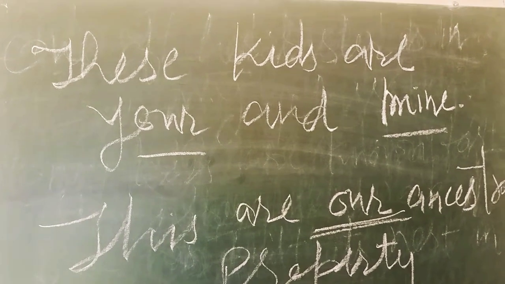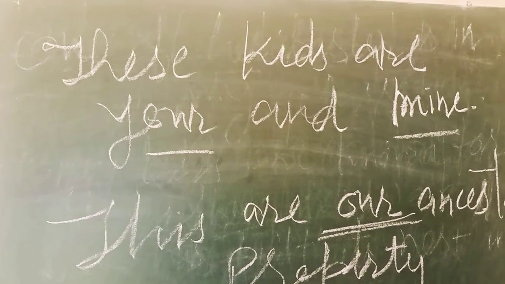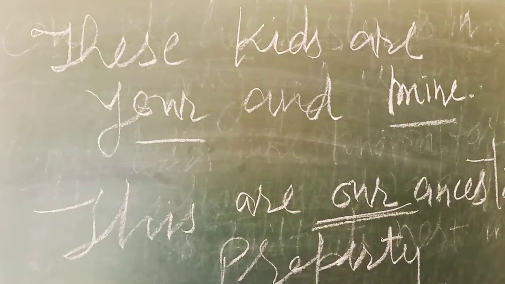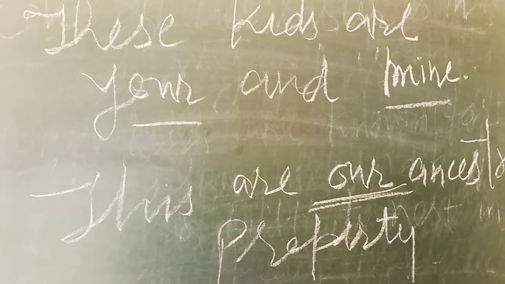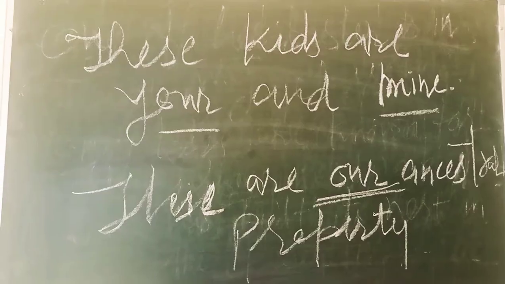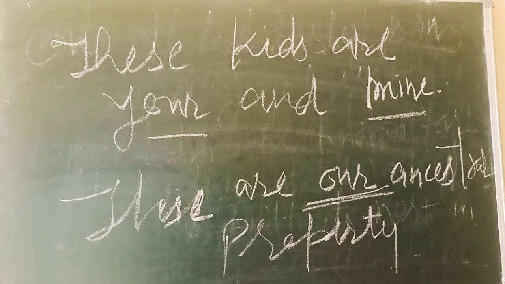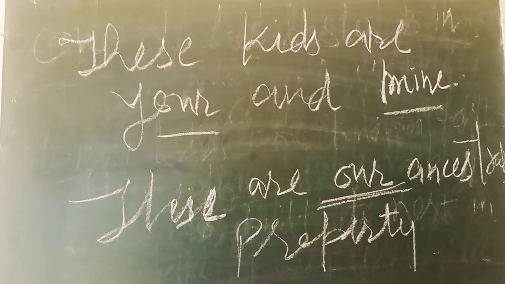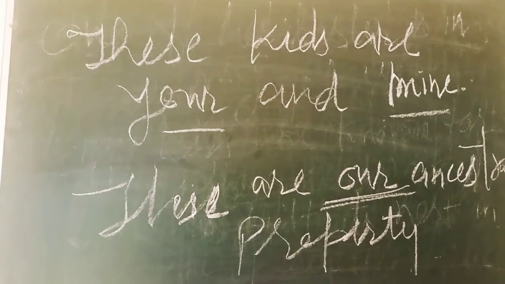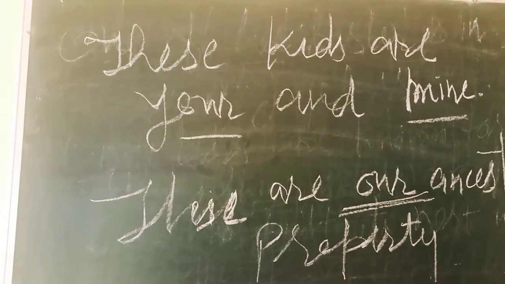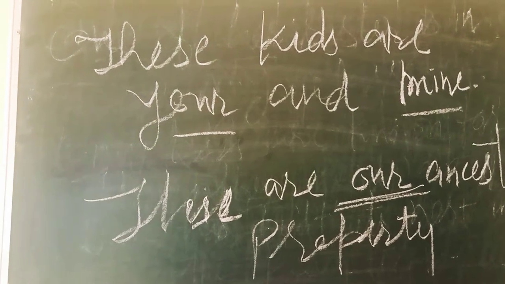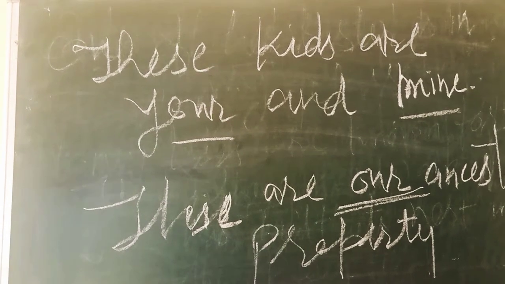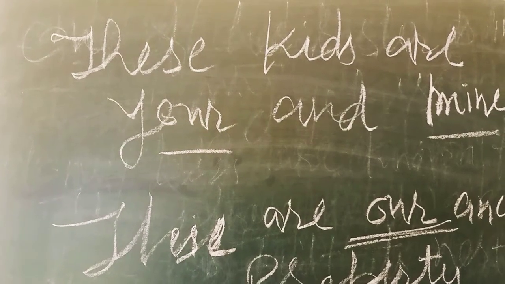Here, यहाँ पे देखिए दो possessive use किए हैं, आपके और मेरे है. These are our ancestral property. ये हमारी पुश्तैनी property है. These examples will be sufficient to understand the possessive one, and it's not difficult to understand.